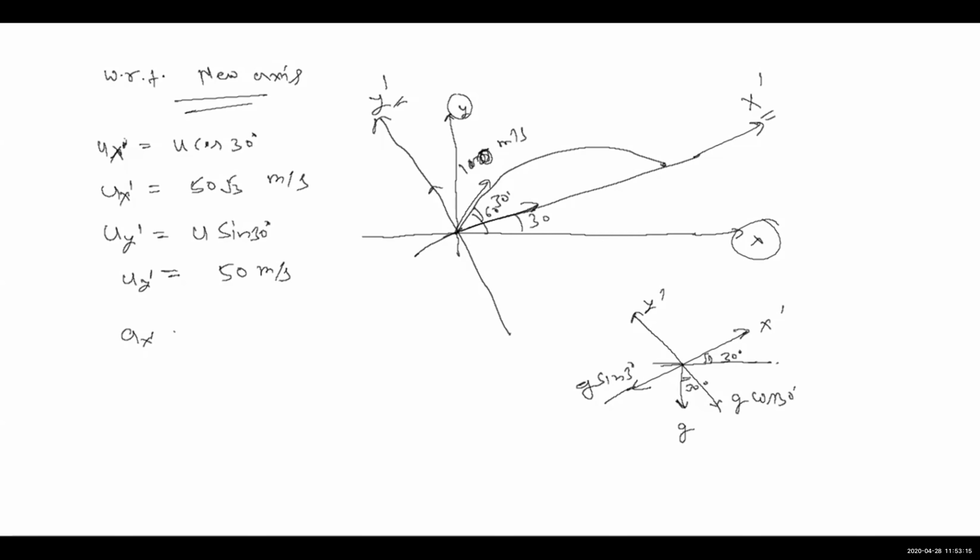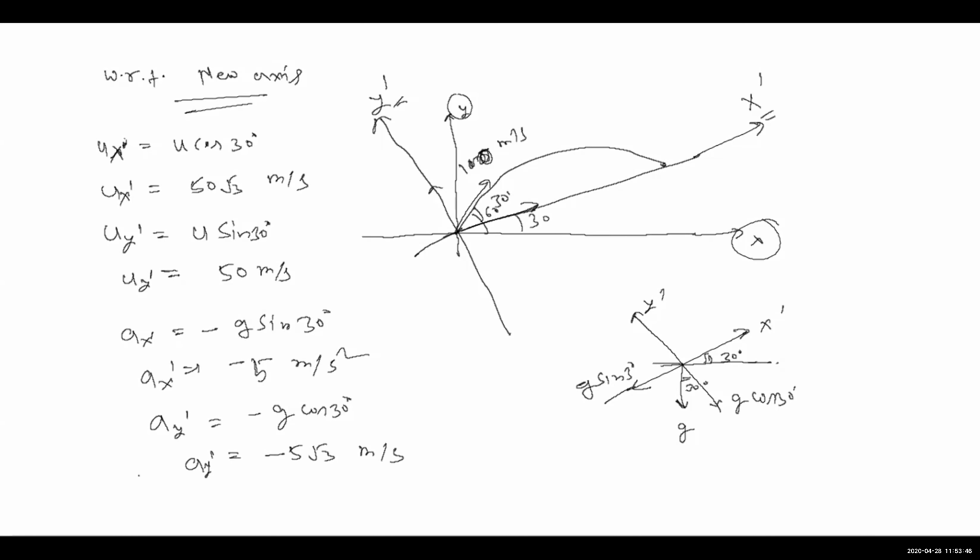So Ax dash will be minus g sin 30, which is minus 5, because x dash is taken positive in this direction. And Ay dash will be minus g cos 30, which will be minus 5 root 3 meters per second squared. And the question is solved.